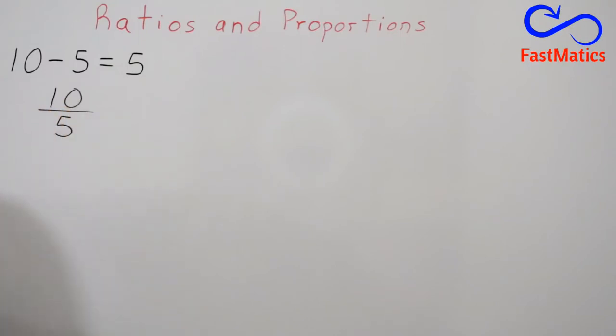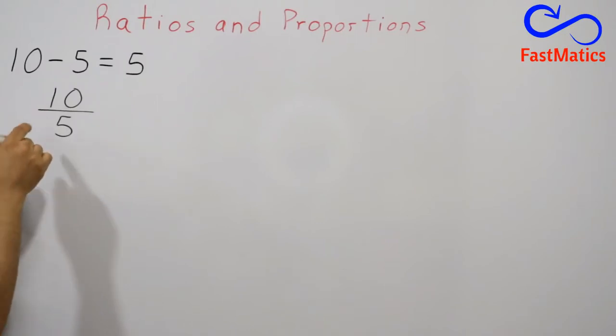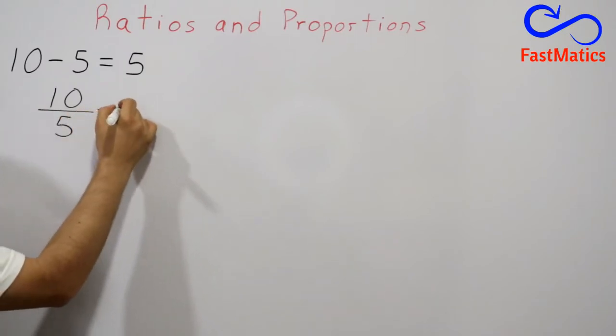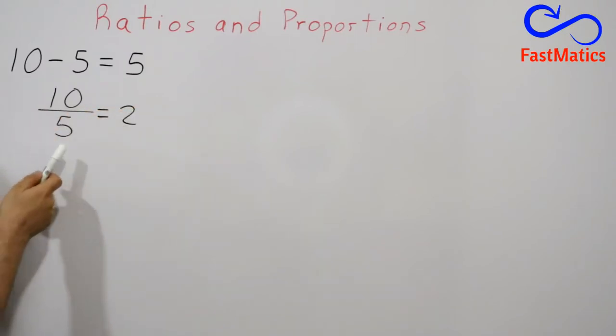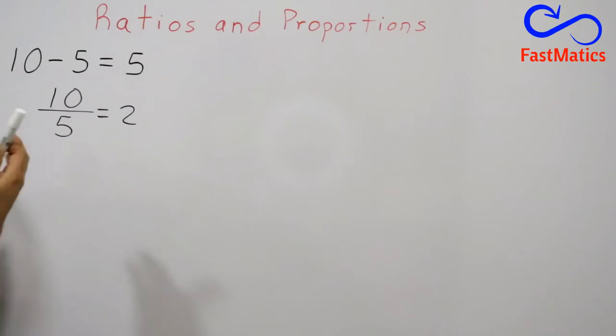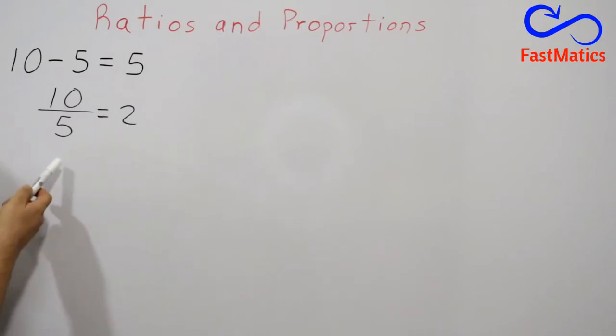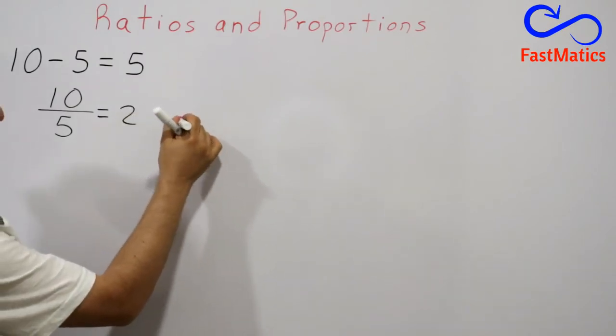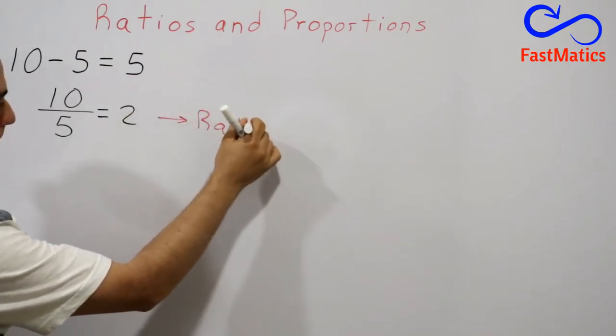making a division. If you divide the 10 million price by the 5 million price, you get 2. What does that mean? That the house of 10 millions costs twice the house of 5 million. This is called a ratio.